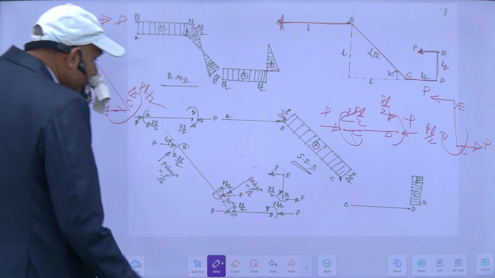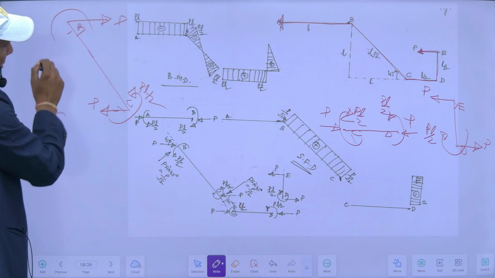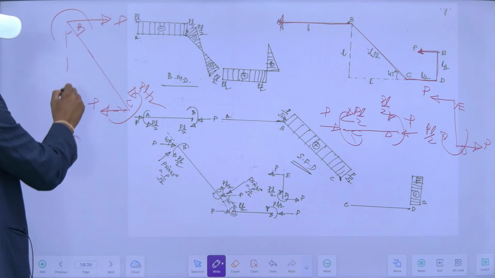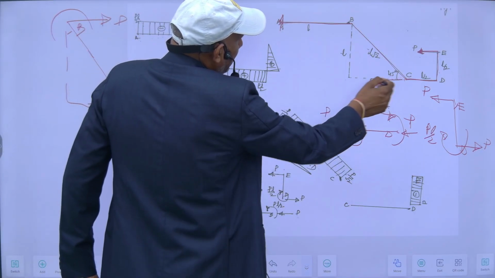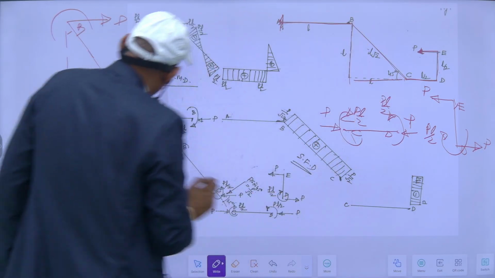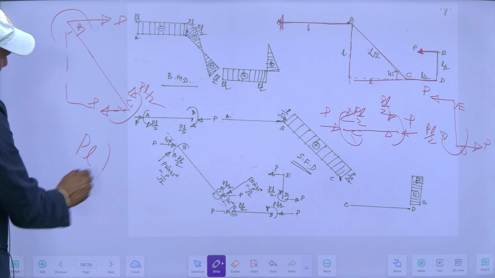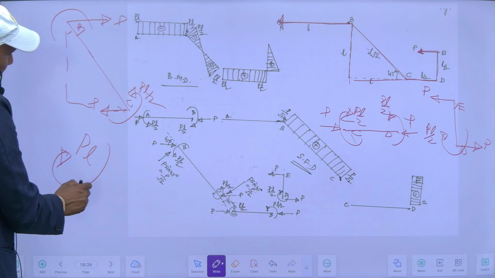Since this force will create a moment here, my moment here will be equal to P into this distance. If this is P here, this perpendicular distance is L, so PL, and it is in the opposite direction.